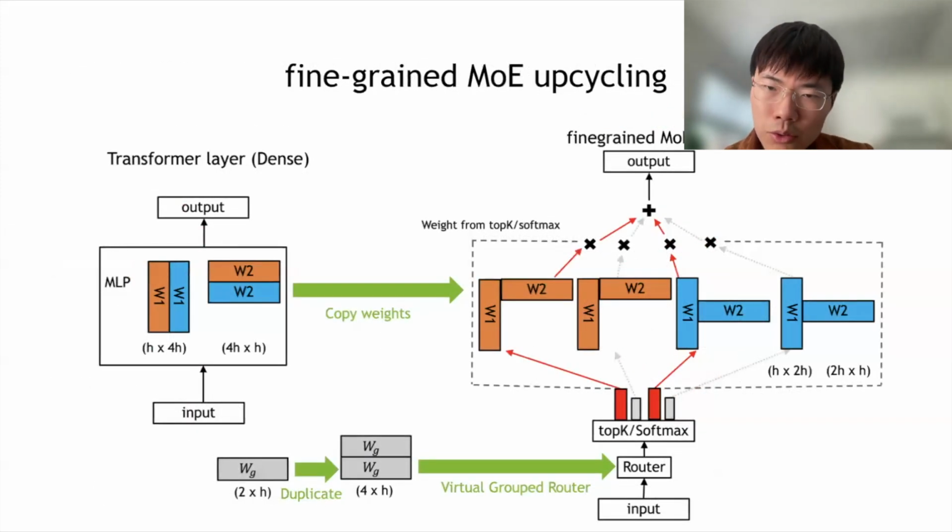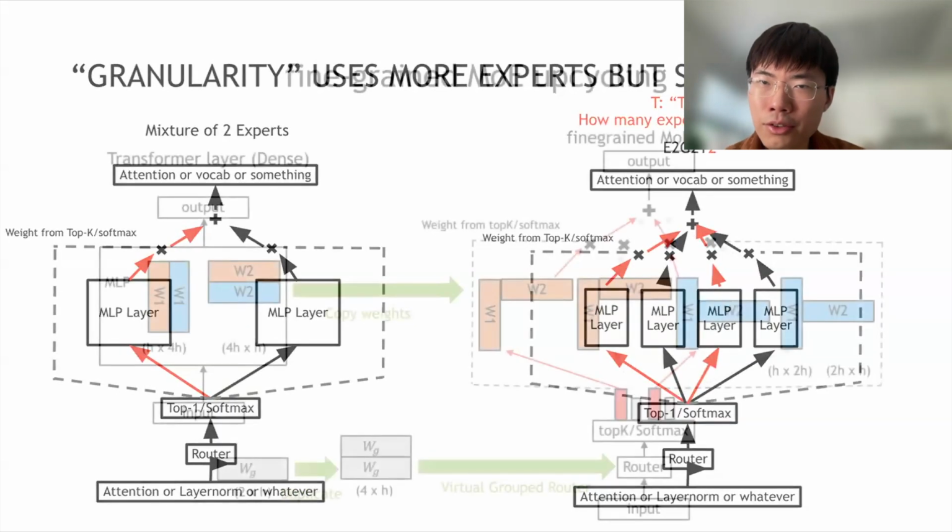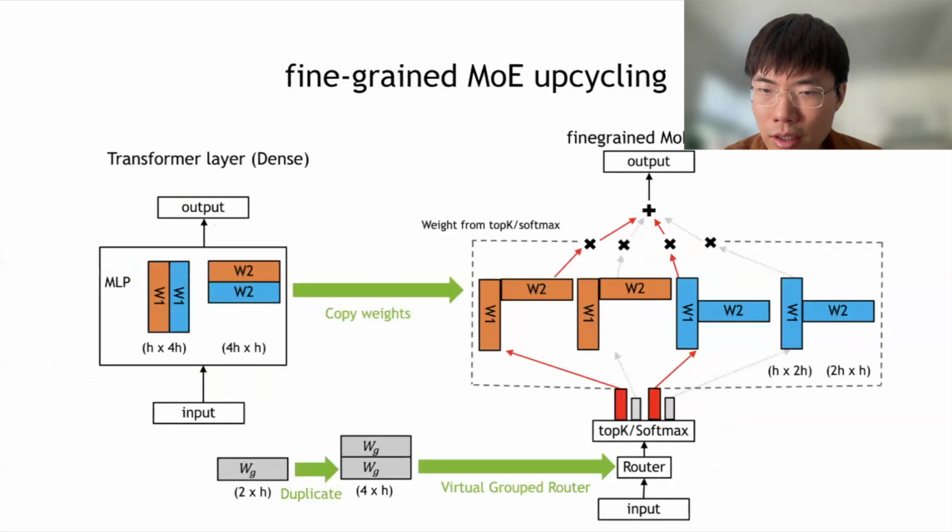So you'll notice that upcycling these fine-grained models is much more difficult. The difficulty here is we can no longer maintain the key feature that the output is the same as the original dense model.